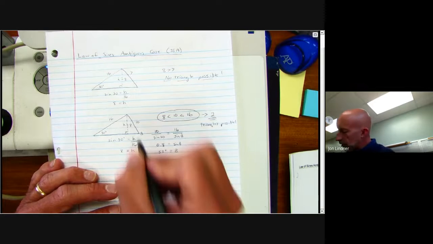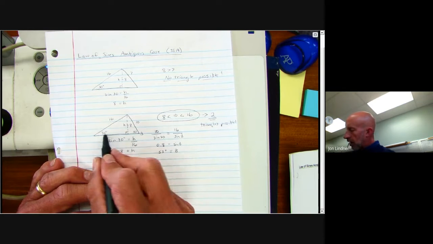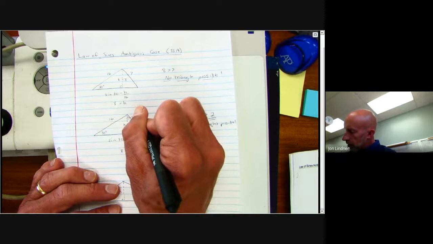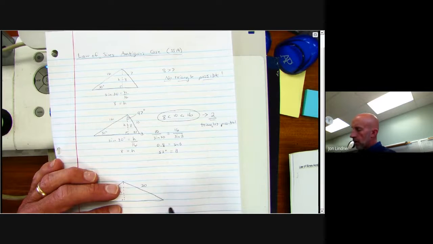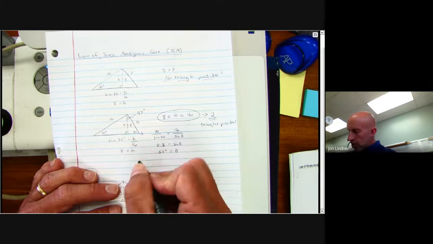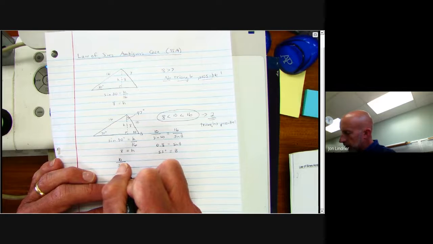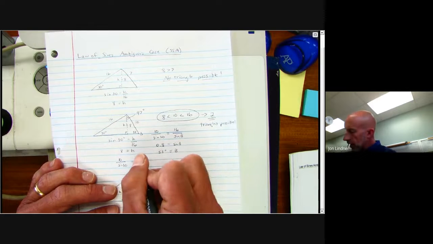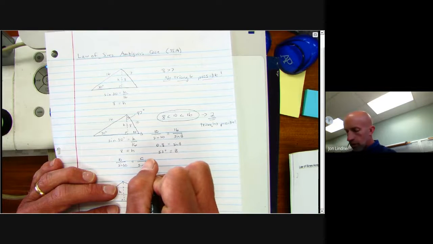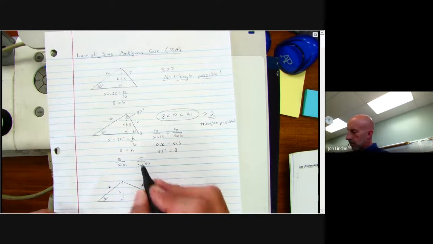So now this angle right here is 53. If I add these two together and subtract from 180, I find that this is 97 degrees. And I could find this last missing side by doing 10 is to the sine of 30 as C is to the sine of 97, all right? And I could find that last side.